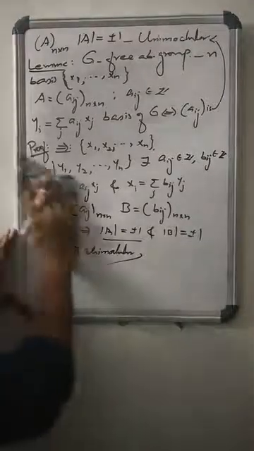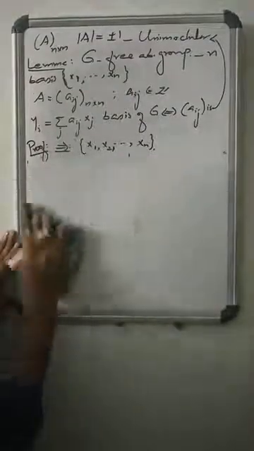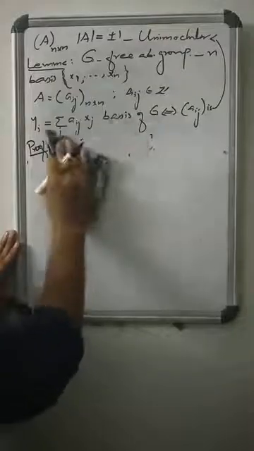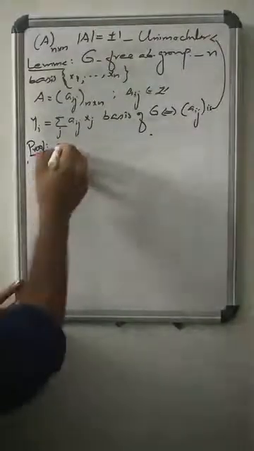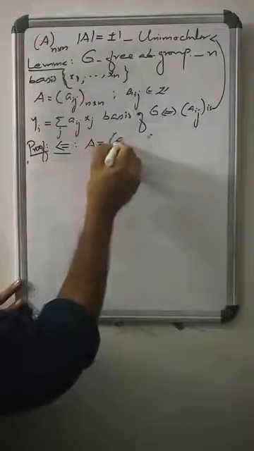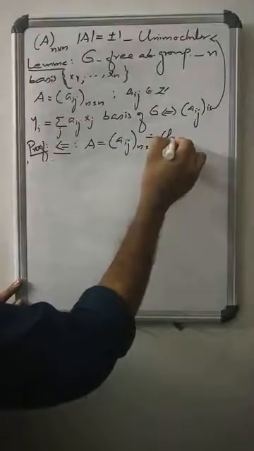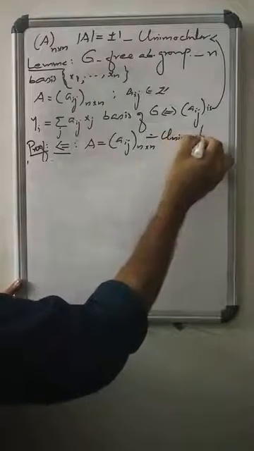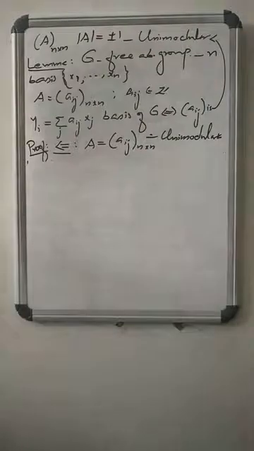Okay. What about the reverse inclusion? For the reverse inclusion, suppose A equals (aij) is the given n-square matrix which is unimodular. Now we must prove that G is a free abelian group of rank n.